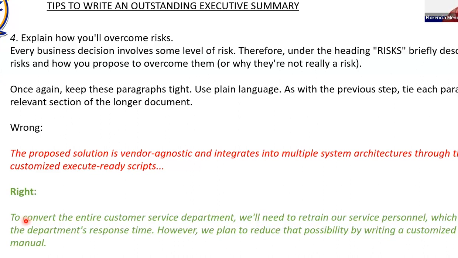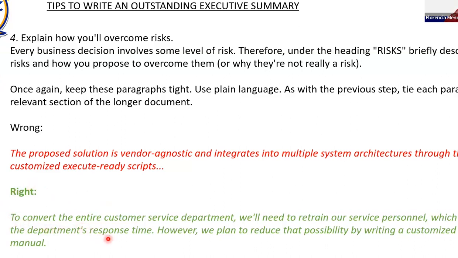¿Sí? Si aparece algún riesgo, tenemos que aclarar también qué planes tenemos para reducir ese riesgo o qué planes tenemos para mejorar el impacto de ese riesgo que pueda tener en nuestro proyecto. So, let's see the right section.